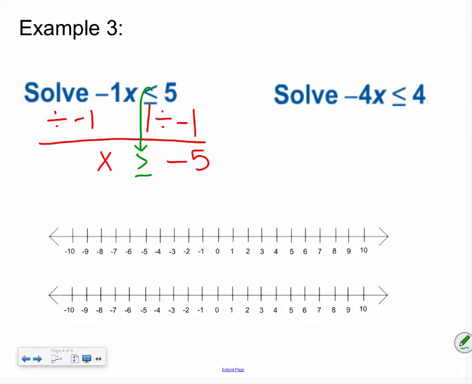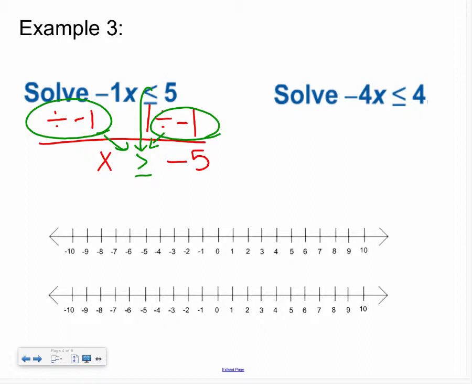Okay? So if you divide by a negative number on both sides, you are going to flip your sign. If you divide by a negative number, you are going to flip your sign.